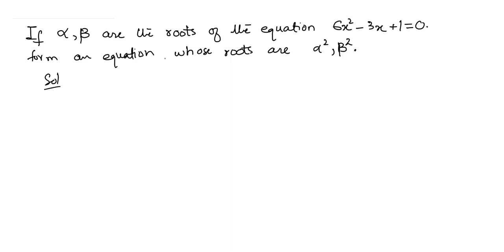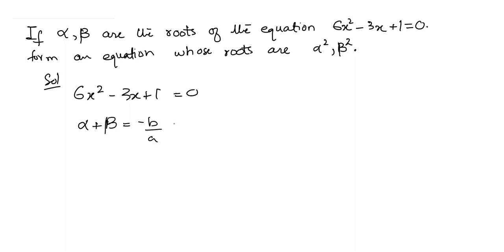I'm using this given equation, which is 6x squared minus 3x plus 1 equals 0. And now as it has been said that alpha and beta are the roots of this given equation, we can say that the sum of the roots, alpha plus beta, should be minus b over a.